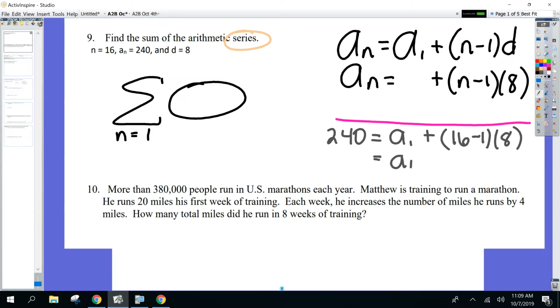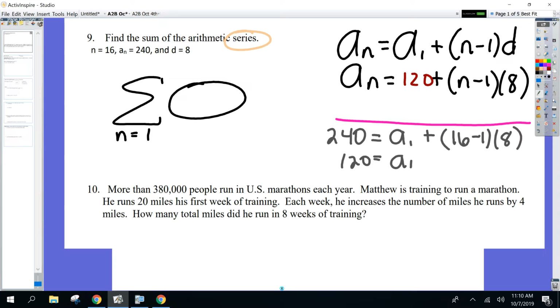It shouldn't take too long. Find the first term. What is it? 120. Yep.